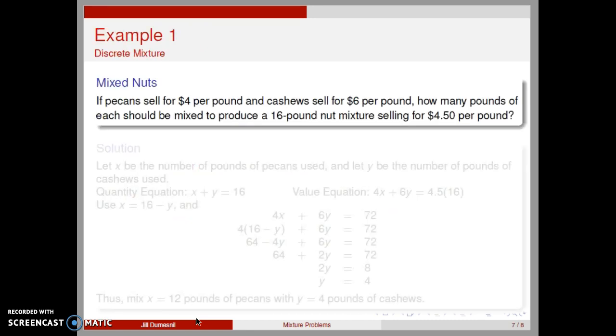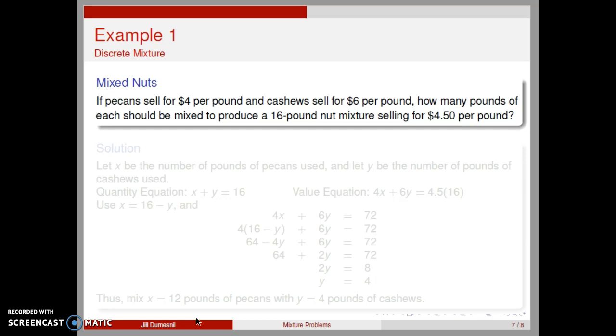Let's first consider an example of a discrete mixture problem. If pecans sell for $4 per pound and cashews sell for $6 per pound, how many pounds of each should be mixed to produce a 16-pound nut mixture selling for $4.50 per pound?